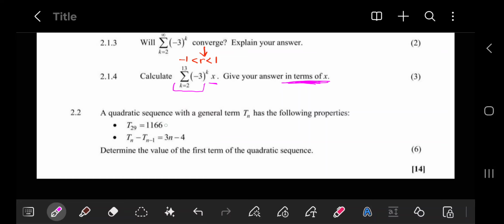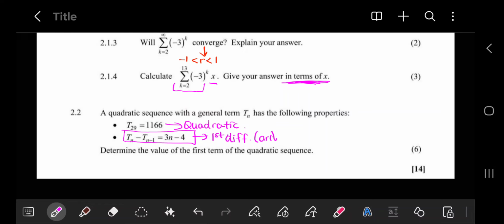Now, firstly, term 29 is 1166. That is for the quadratic pattern itself. Okay. However, this 3n minus 4, Tn minus 1, what does that mean? That is referring to the first differences.